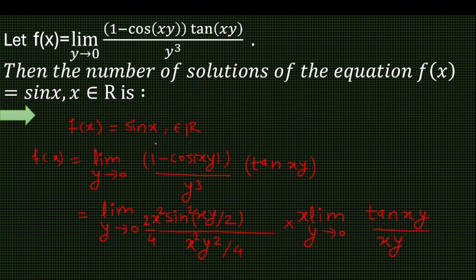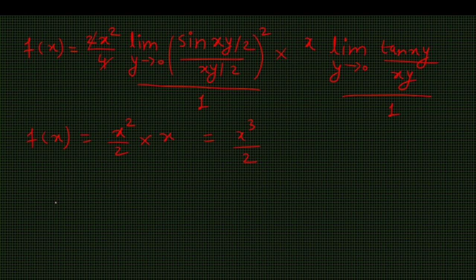So our final f(x) is x cube by 2 and f(x) is equals to, we have sin x, so sin x is equals to x cube by 2. So now let x cube by 2 minus sin x is equals to some other function, let's say g of x.